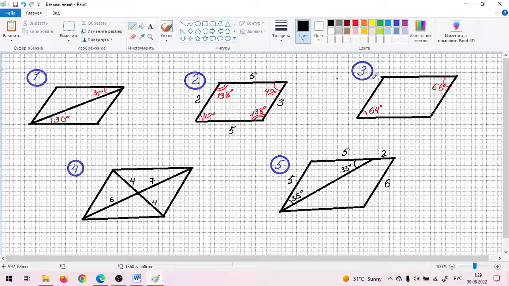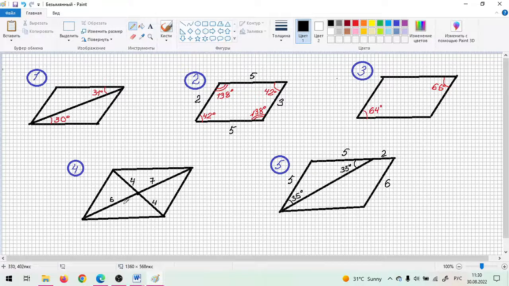The task number 3. It's a parallelogram. Opposite angles must be equal. Here is 64 and here is 66. So it's an error. The 4th task.